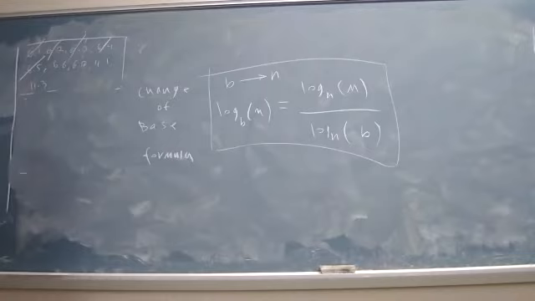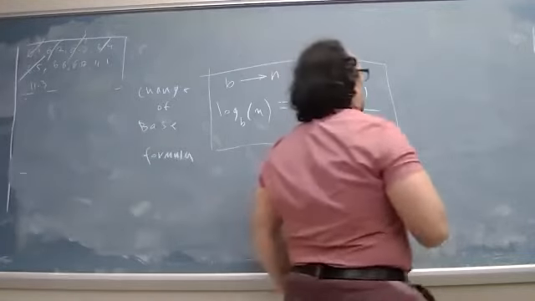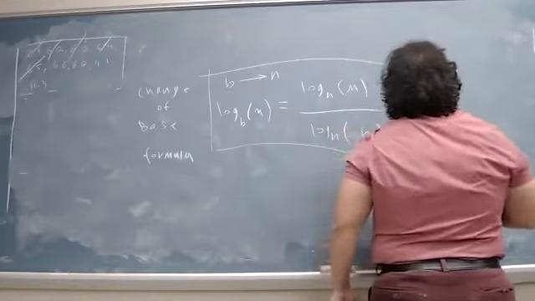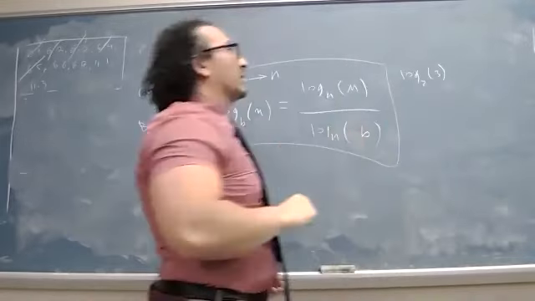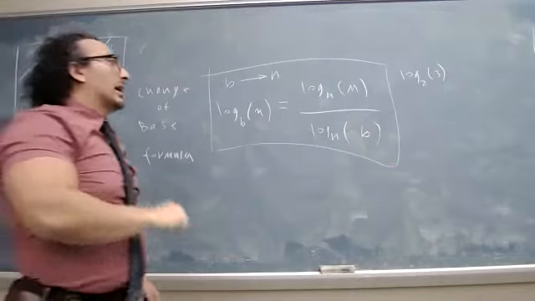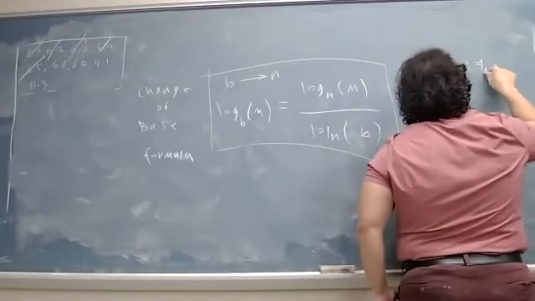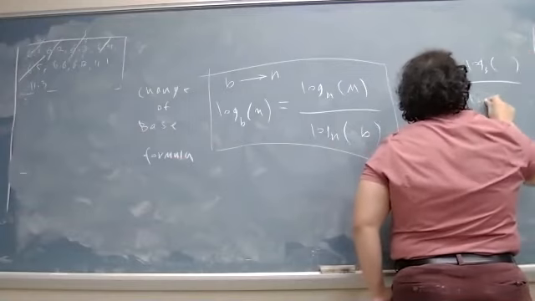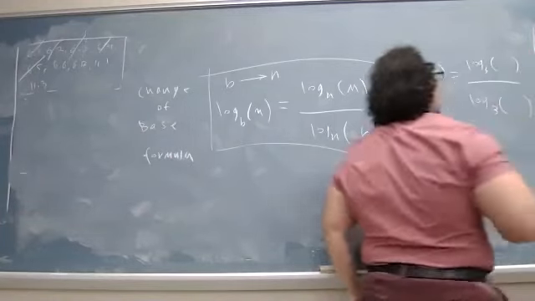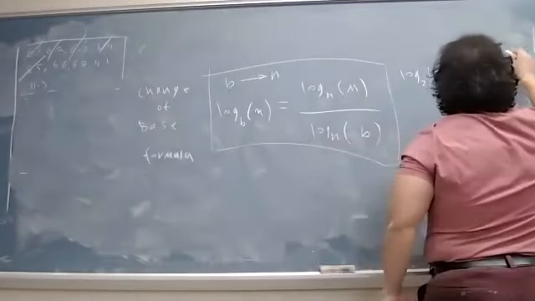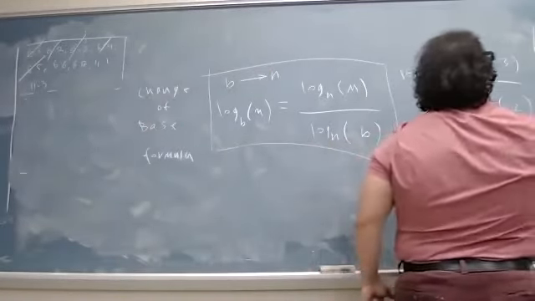So what does that mean? Well, let's say I have log base 2 of 3, like we did before, and that was really hard to evaluate. We didn't know how to evaluate it. Well, I could change it to log base 3, where up here we get the 3, and down here we get the 2.